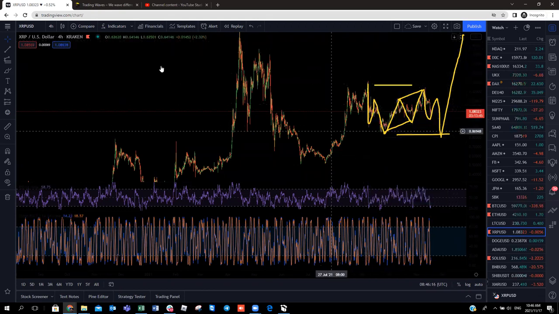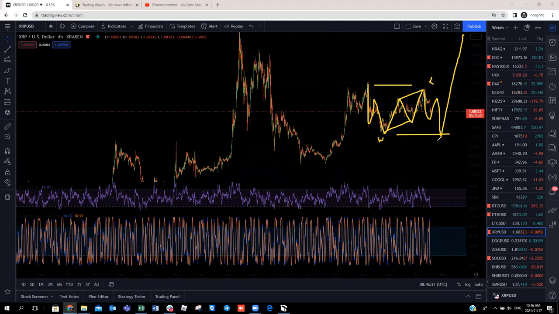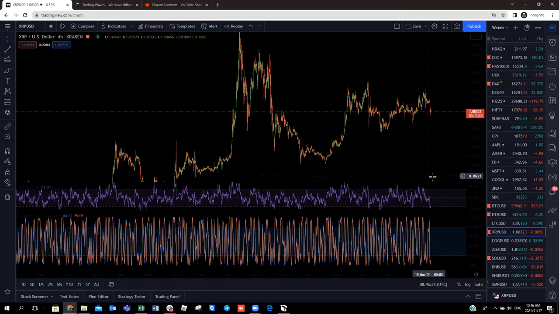Okay, so with that structure, with the WXY corrective structure, we'll look for Ripple to continue pushing to the upside. So we'll be looking for this to play out. We'll be looking for this bigger corrective structure to play out, the ABCD. So Ripple pretty interesting. As much as we are bearish for now, we look for more upside.